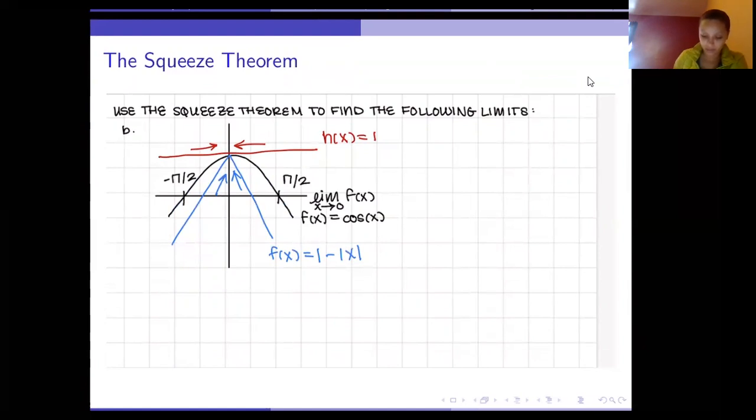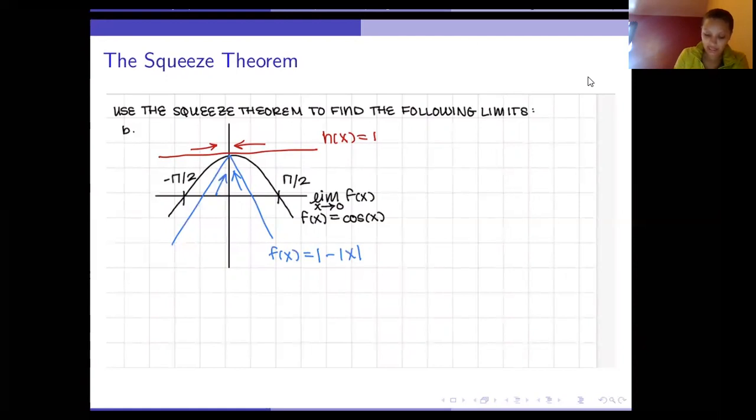Well, again, we can just plug in 0 and we know that the value is 1, or we can use the squeeze theorem and we know that cosine of x is never going to exceed the value 1. So why not make our upper function h of x equals 1? And why not use the lower function as 1 minus the absolute value of x?